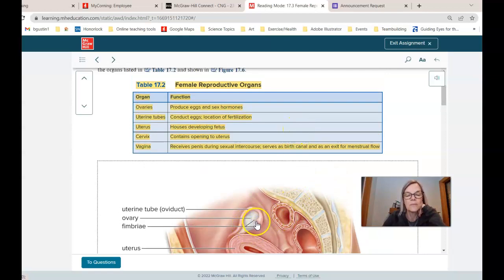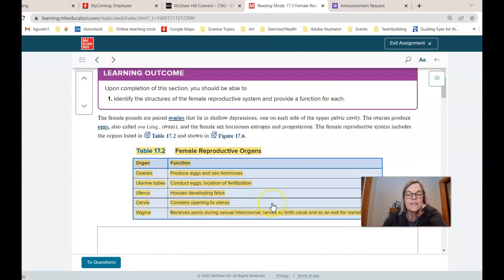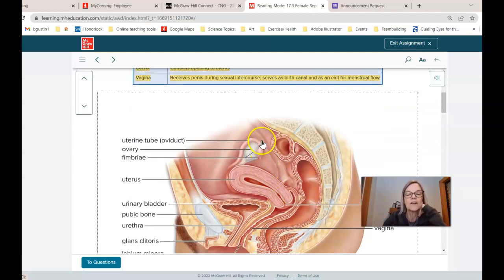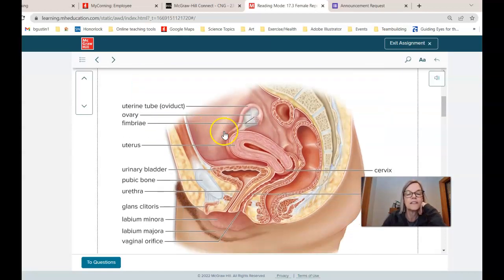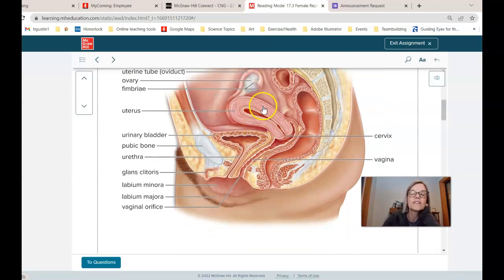And so an egg's going to pop out, it's going to go into the fallopian tubes, and these tubes are going to carry that egg. In fact, there's cilia in there that's going to push the egg down this tube, and that hooks into the uterus. And the uterus is where the developing fetus is going to grow. And so look at this really thick muscular wall.